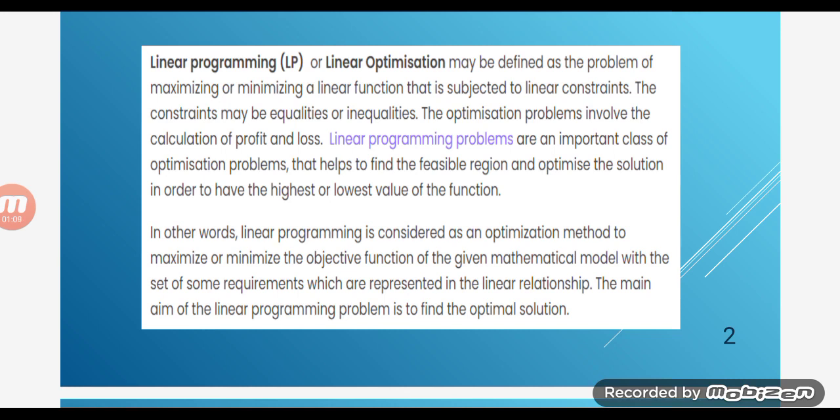In other words, LPP is considered as an optimization method to maximize or minimize the objective function of the given mathematical model with the set of constraints. The constraints may be inequalities and equalities. The main aim of linear programming is to find an optimal solution of the given problem.